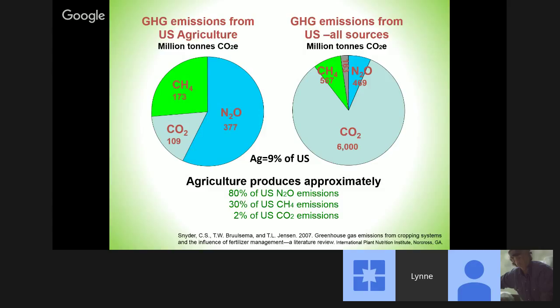These are actually from EPA, summaries of the greenhouse gas emissions from U.S. agriculture and then from the U.S. in total. And agriculture is the major producer of nitrous oxide in the U.S. and a major producer of methane and a fairly minor producer of carbon dioxide.